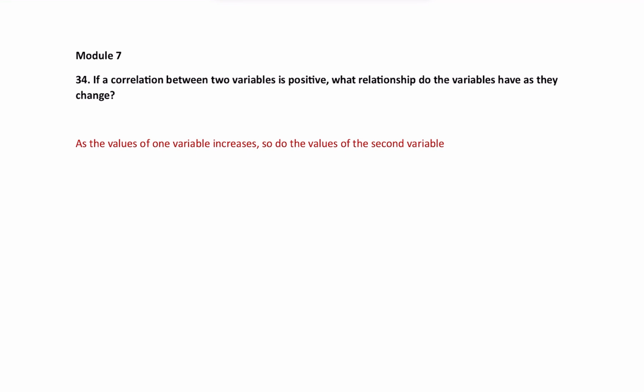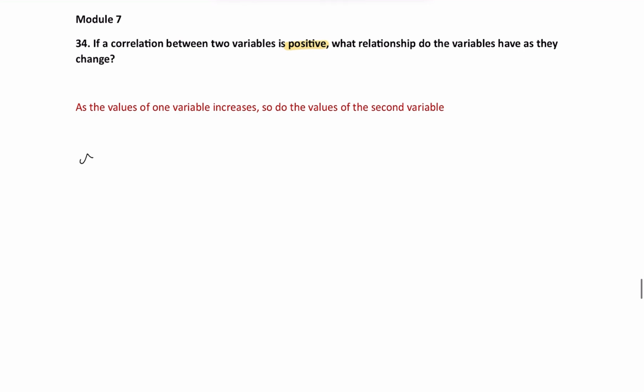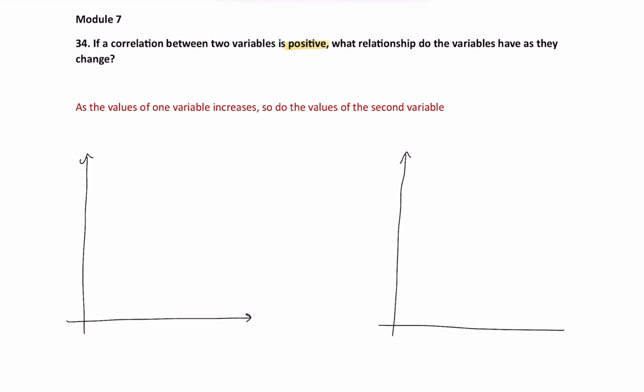As one variable increases, so does the value of the second variable. So if we want to think about positive, basically when we're talking about correlations, we're plotting two variables on an x-y axis and looking at their relationship. So if we have a positive correlation, we're going to end up having a positive slope in our graph, okay?